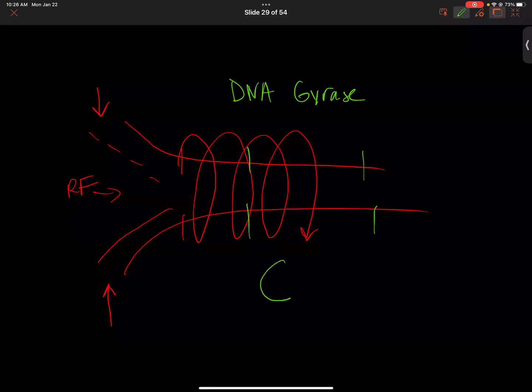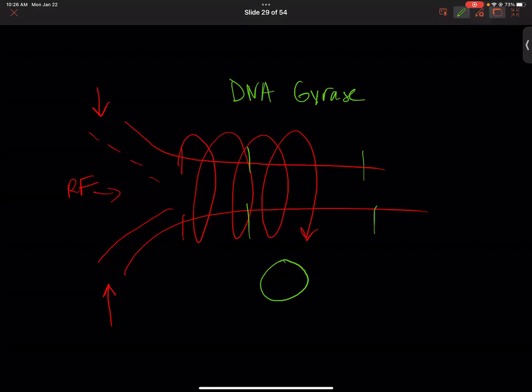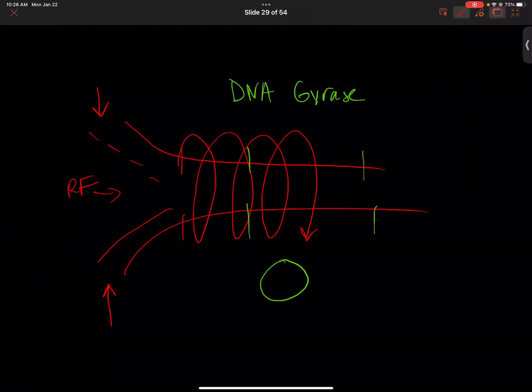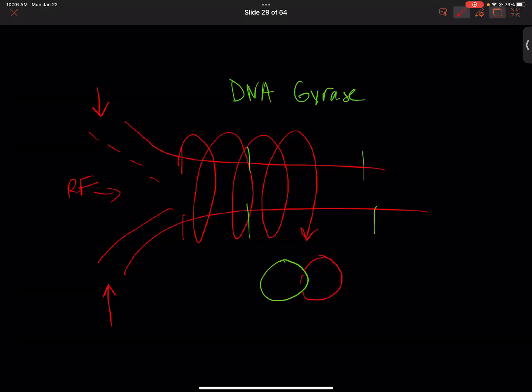After replication is complete, you have one circular chromosome, which we'll call the paternal chromosome. And then you have the daughter chromosome. So when you have a circular chromosome that gets replicated, at the end of replication, you end up with a chain, all right, 2 links.